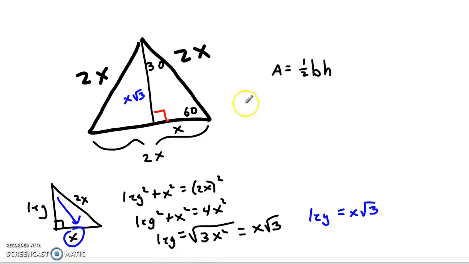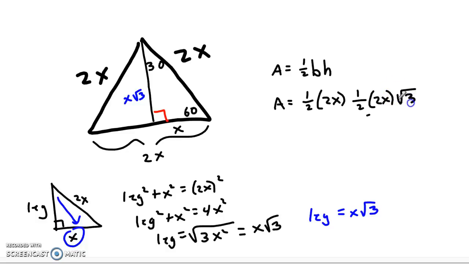So if we plug that into our formula, area is 1/2 base times height, well, that would be area equals 1/2 the base, which is 1/2 of 2x, right? The height is x rad 3, which I'm going to write in a little bit of a funny way. So 1/2 of 2x right there, that's x, and x times the square root of 3 is the height of the triangle.